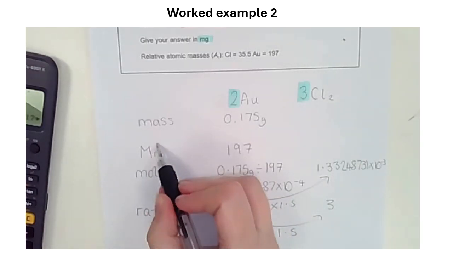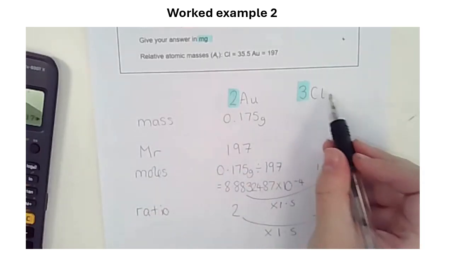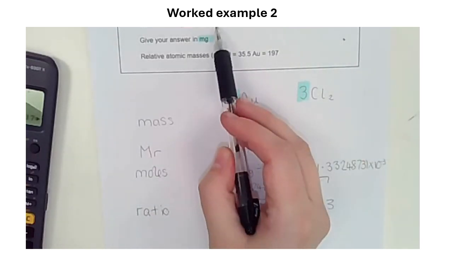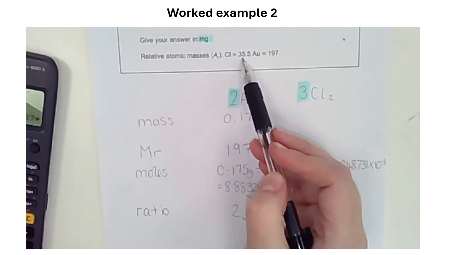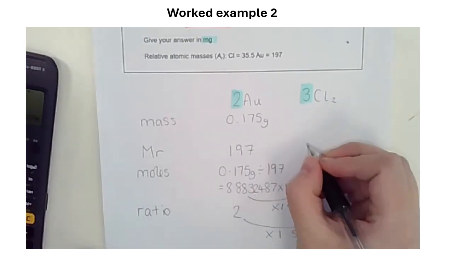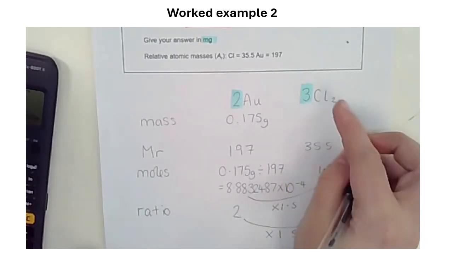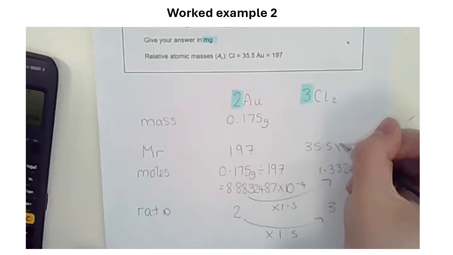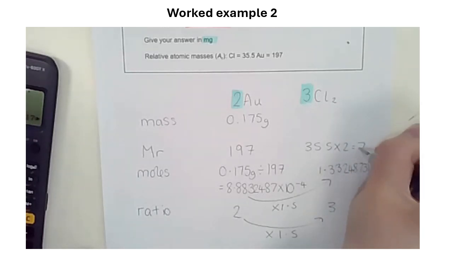I now need to look at the relative formula mass for Cl2. Well, chlorine has a mass of 35.5, so I've got 35.5 multiplied by the 2 atoms to give me 71.